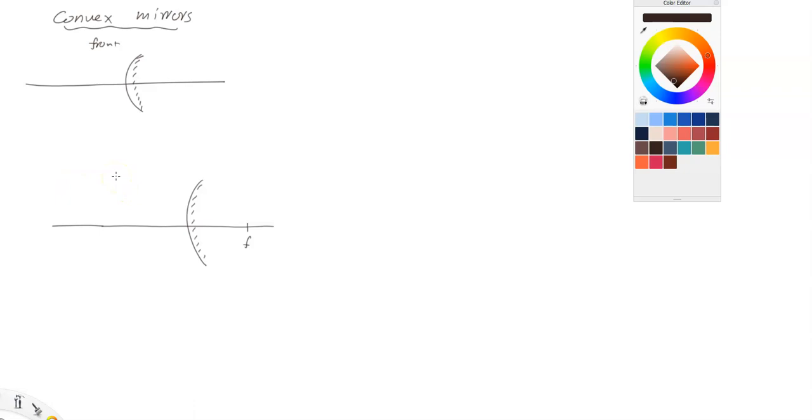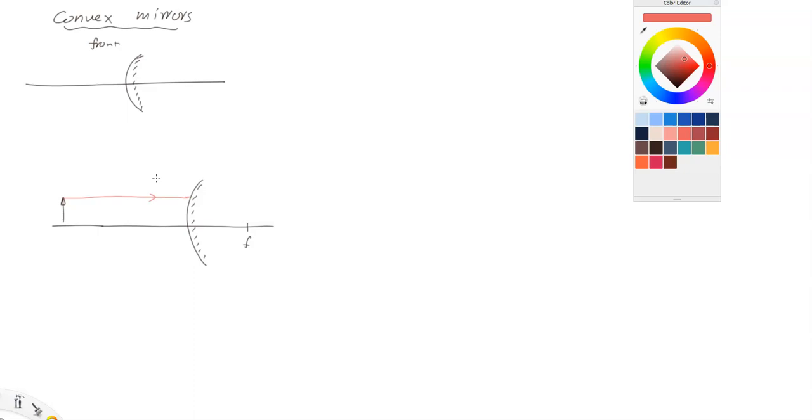So let's say here we have an object in front of the mirror. You are standing in front of it, something like that. Here comes a different color. Here comes the parallel light. What happens? It reflects in an outward direction. Now again, if you think about concave, it's a converging kind of reflection, right?